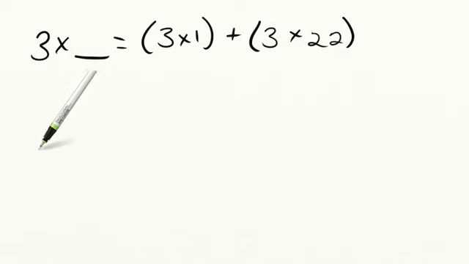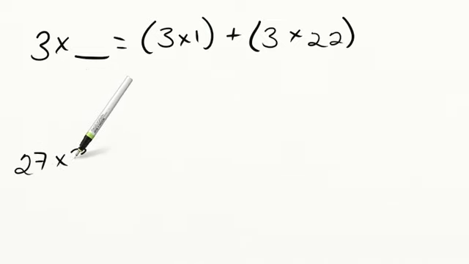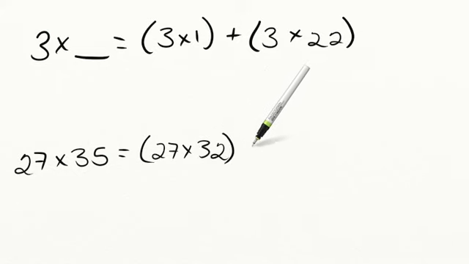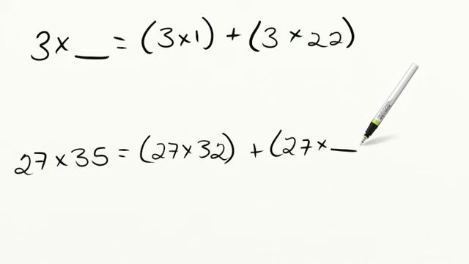And your second problem, 27 times 35 equals 27 times 32 plus 27 times blank.